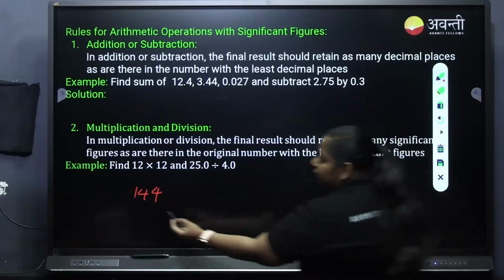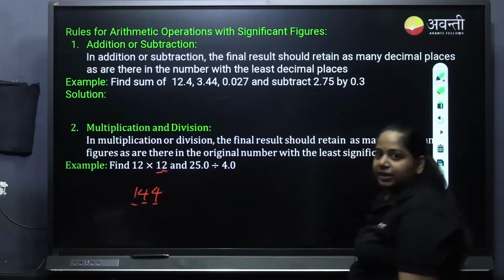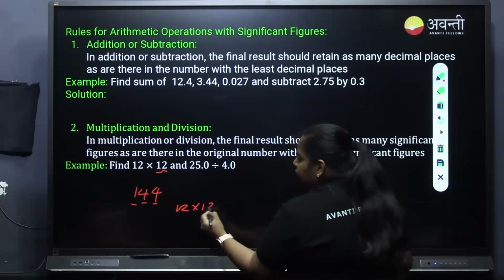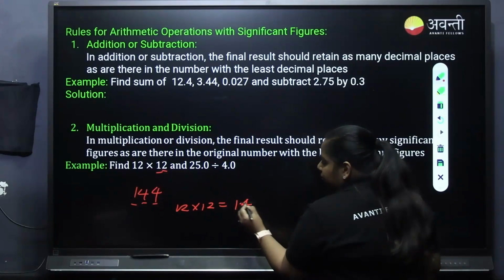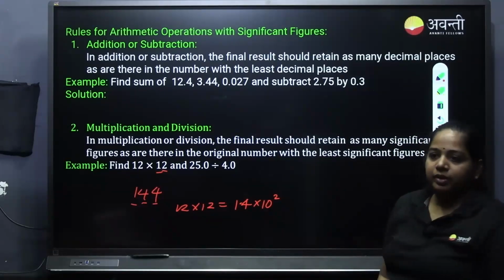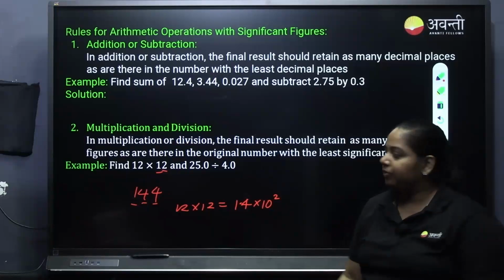But we cannot write that, because here it is 3 digits coming. Here only 2 significant digits are there. So we have to write it as 1.4 into 10 to the power 2. Only 2 significant digits are coming.